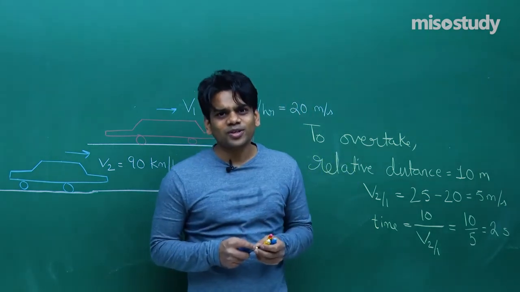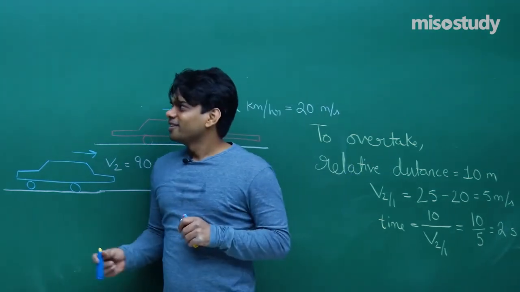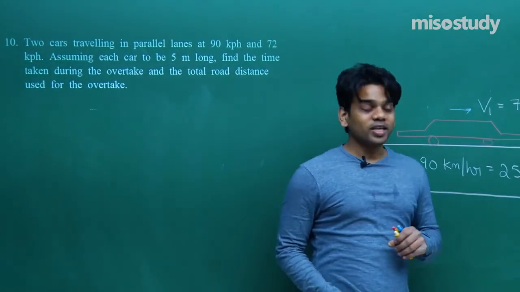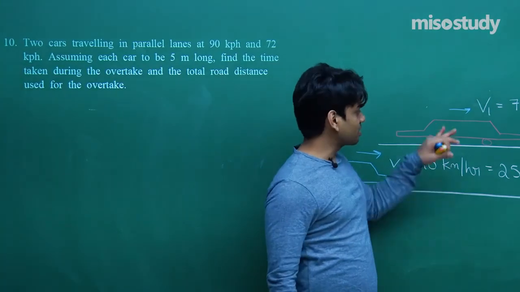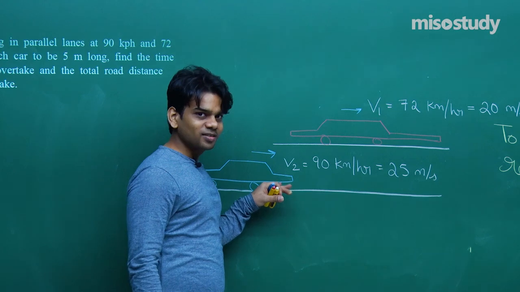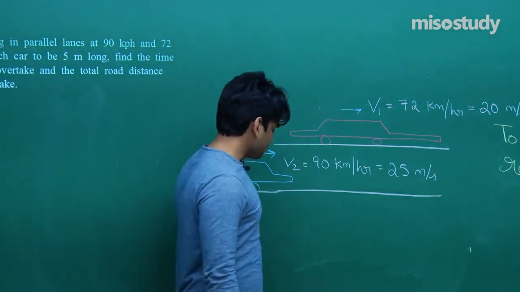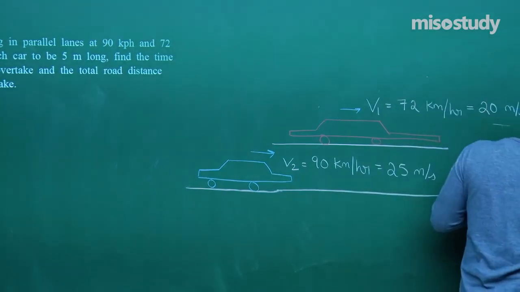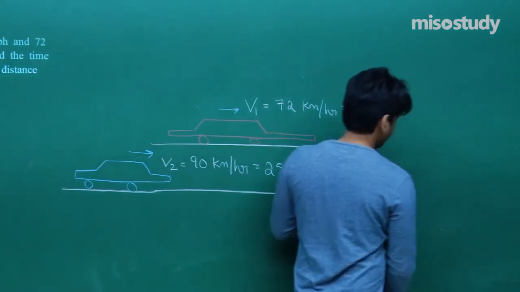But this is not the actual distance on road that it would have traveled. The actual distance will be, and the total road distance used for the overtake. So we know the speeds. This car has been stopped. The total road distance, the distance moved by this car, the car with a speed of 90 km per hour, that is 25 meter per second. So actual road distance traversed would be in 2 seconds.